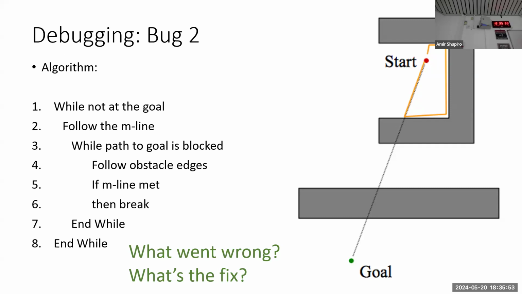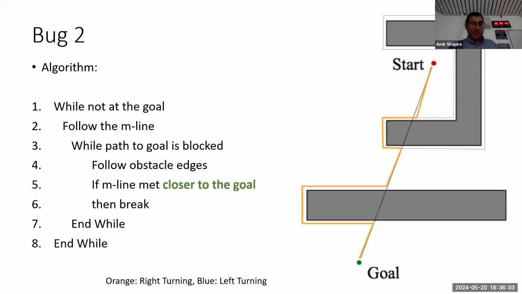So there is a problem, with a condition to go to start twice. There should be something like this. Let's see how to fix it. We want to be closer to the goal.